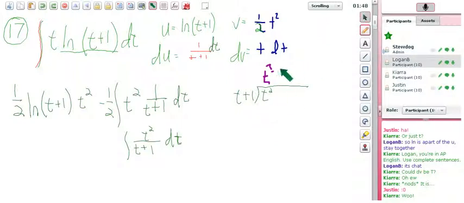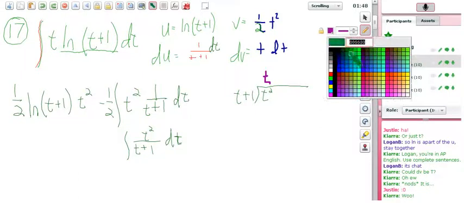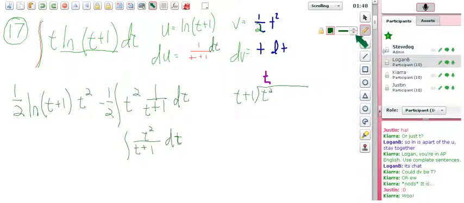And so what we do next is take t and multiply it by this whole thing, t plus 1. So t times t is t squared, and t times 1 is t, and we subtract. t squared minus t squared is 0, and 0 minus t is negative t.